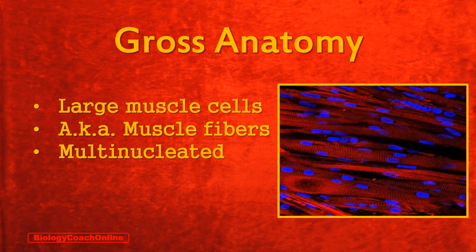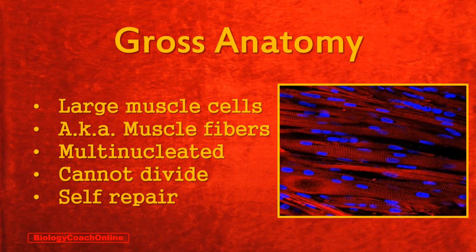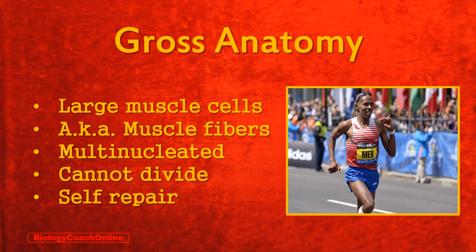Unlike most other cell types, skeletal muscle fibers cannot divide. However, adult muscles contain embedded microsatellite cells or stem cells which are capable of making new muscle tissue. As a result, adult muscle tissue is able to repair itself, to a degree anyway, after injury. So for example, running a marathon causes microscopic tears in your leg muscles. Your microsatellite cells can repair those tiny tears.